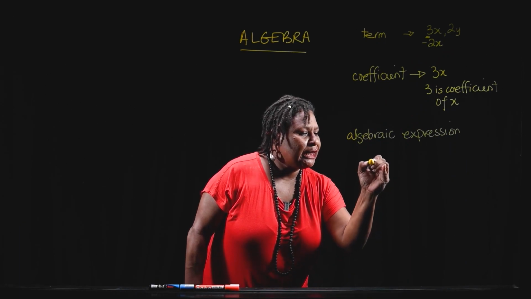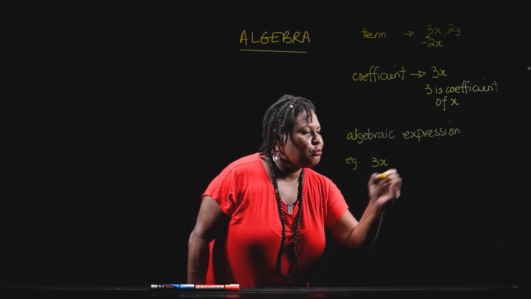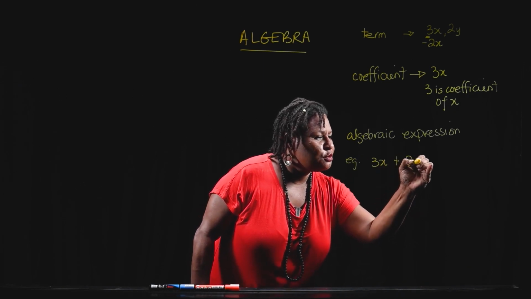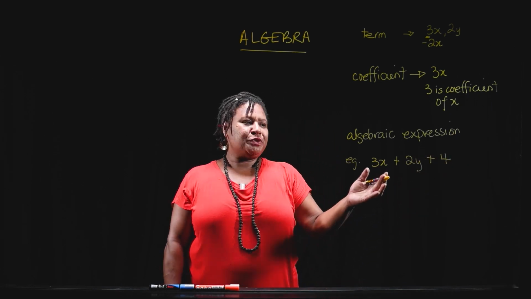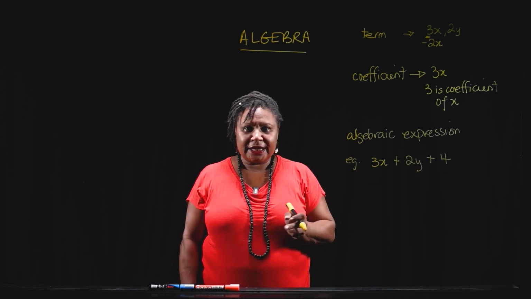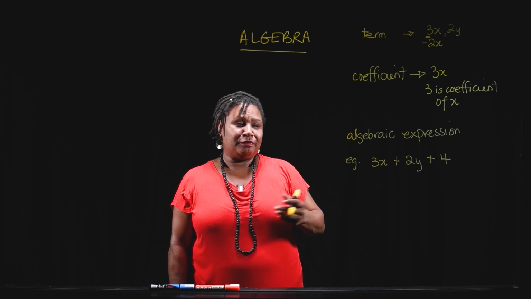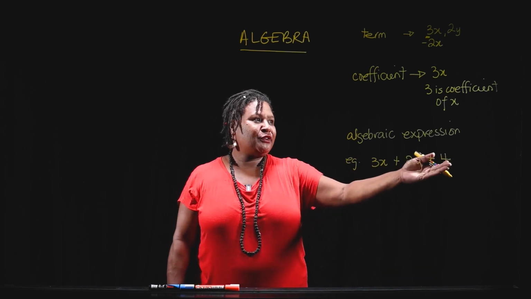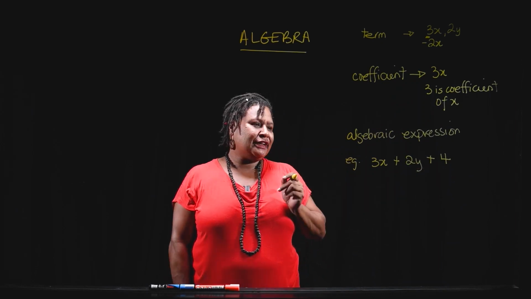So we can say 3x, let's say this is an example, plus 2y plus 4. This is an algebraic expression made up of 1, 2, 3 terms. Now, a numeral value can also be a term. The difference here is there is no pronumeral attached to this number.